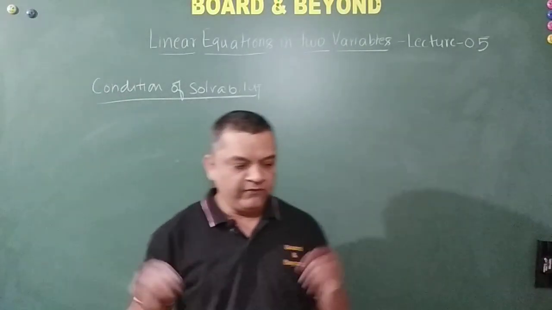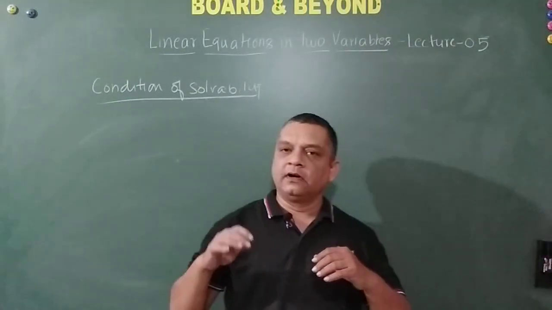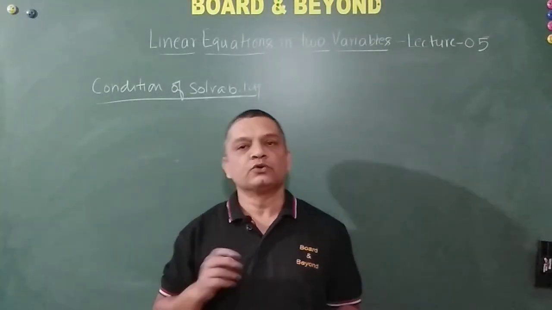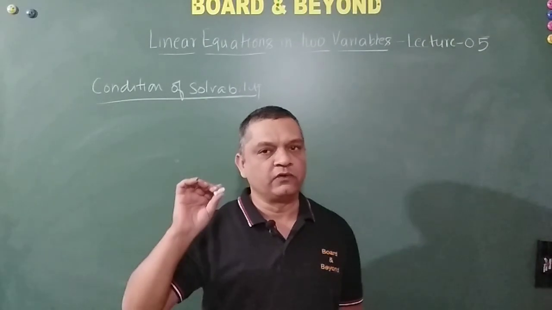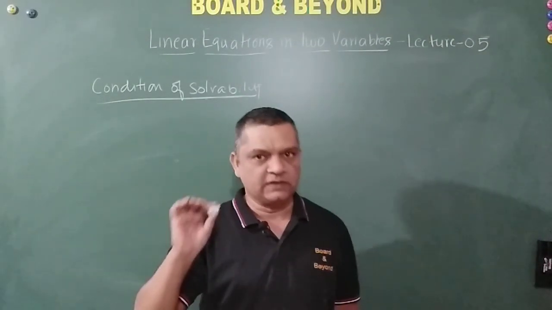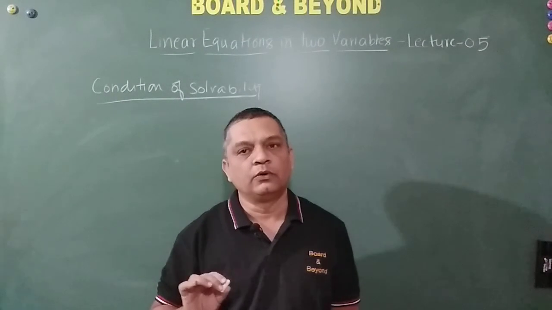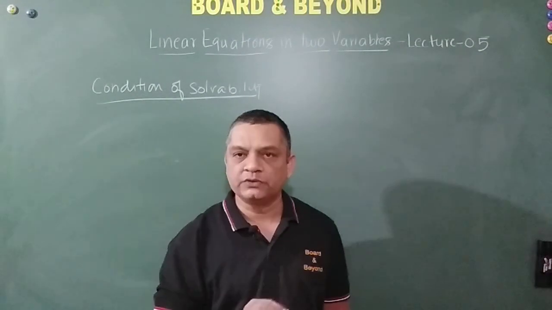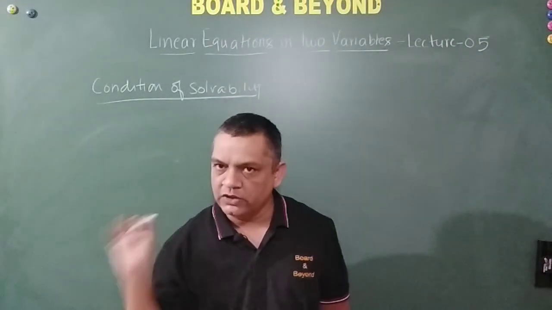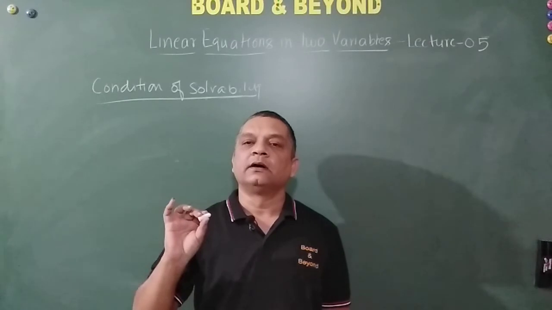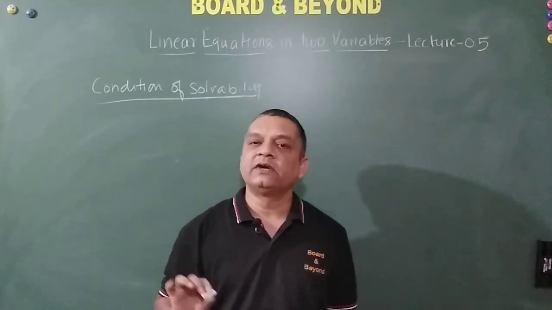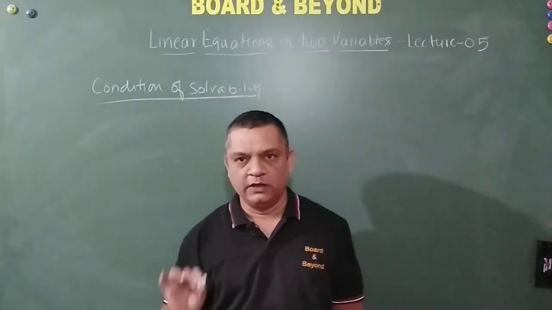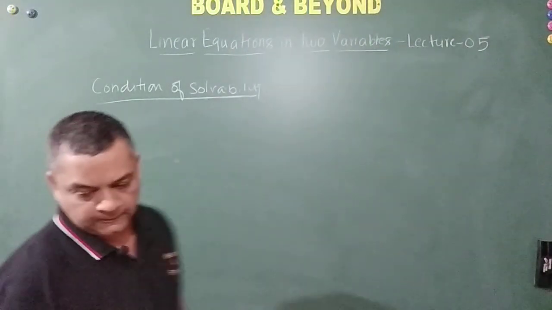That means when we are given a system of linear equations, let's say two equations in two variables, and we need to solve it, then before actually starting to solve the equations for x and y, how do we know whether this pair of linear equations will have a unique solution, or no solution at all, or in which scenario it will have multiple or infinitely many solutions. We will see that right away.